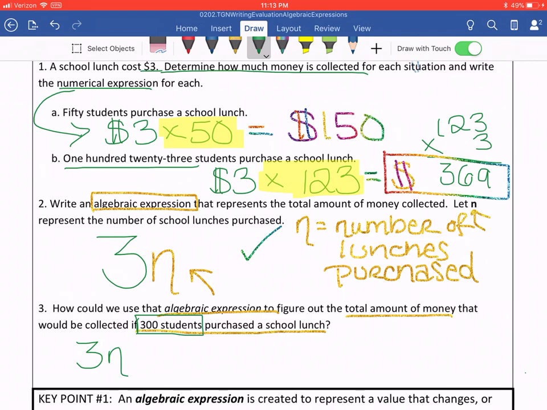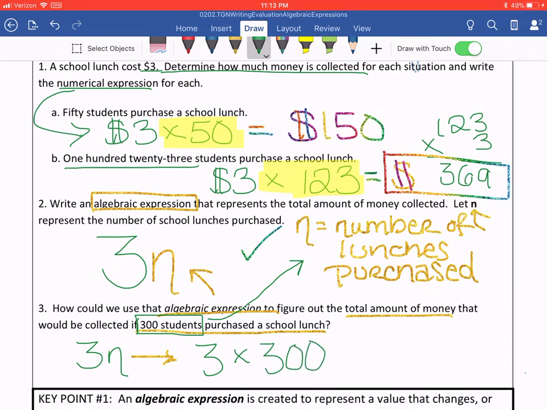I'm recognizing that these 300 lunches purchased is actually just another value that I could substitute for my N, which is number of lunches purchased. So I can transform this equation that we wrote, this expression, into 3 times 300 lunches purchased.